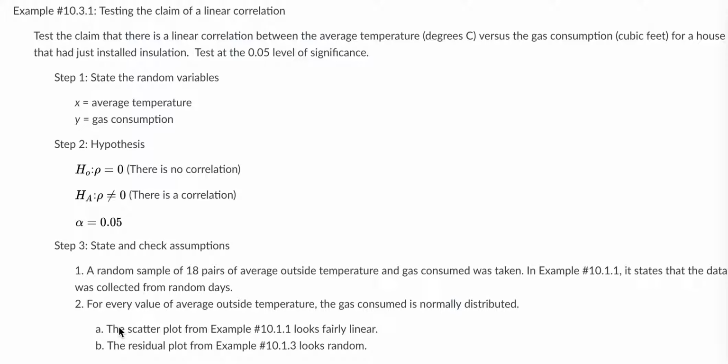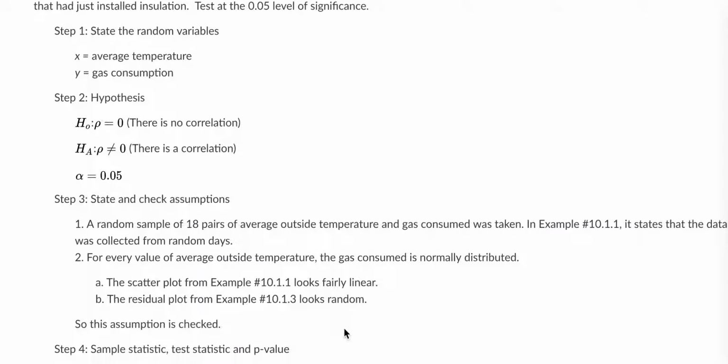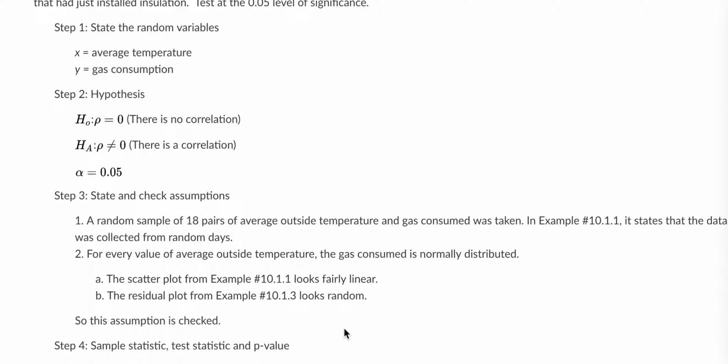So the way we tell this is we look at the scatter plot and see if it looks linear, and the one in example 10.1.1 did look linear. And we look at the residual plot and we see if it looks random. And the one from example 10.1.3 did look random. So this assumption is in fact checked.